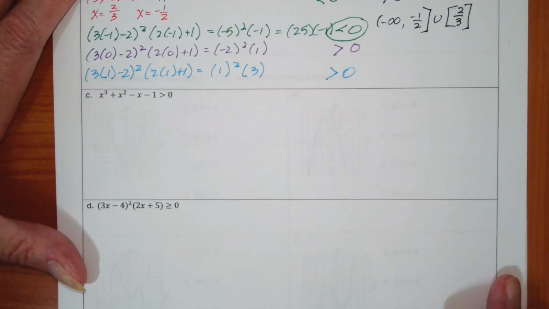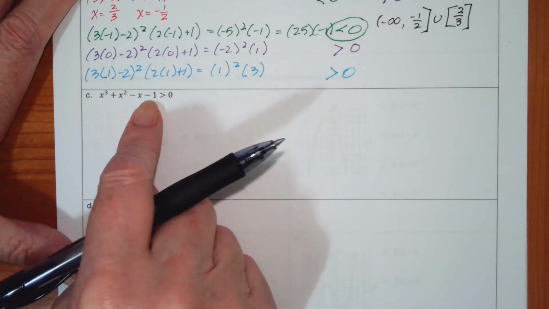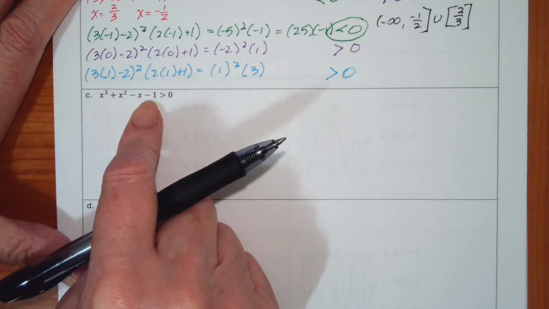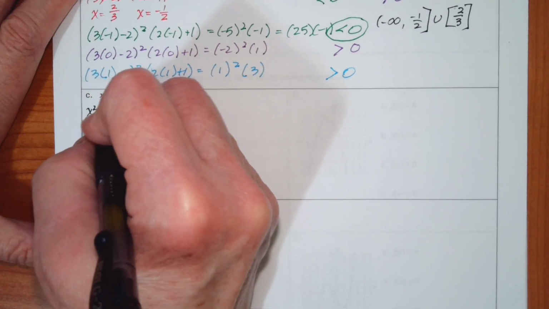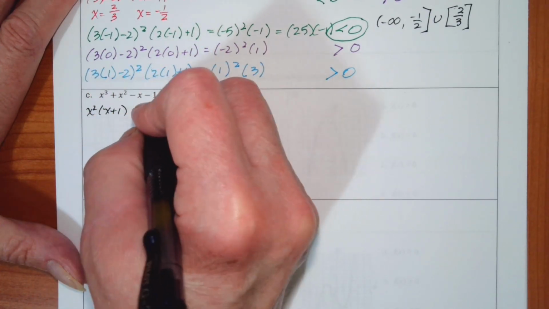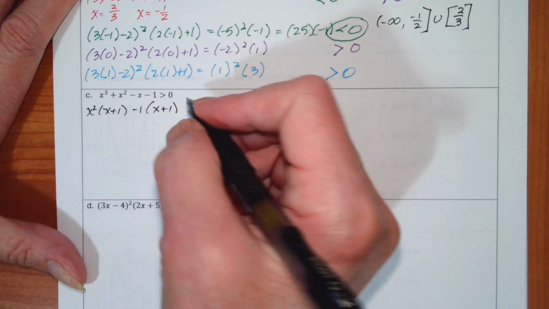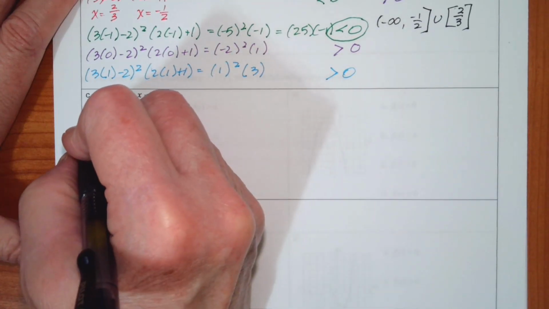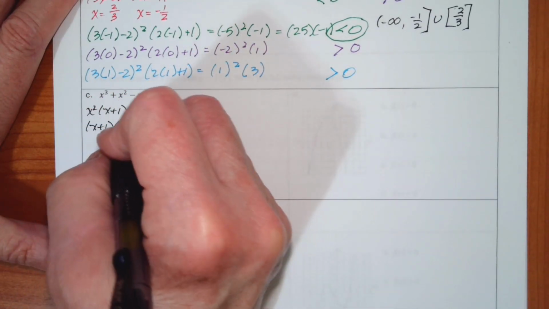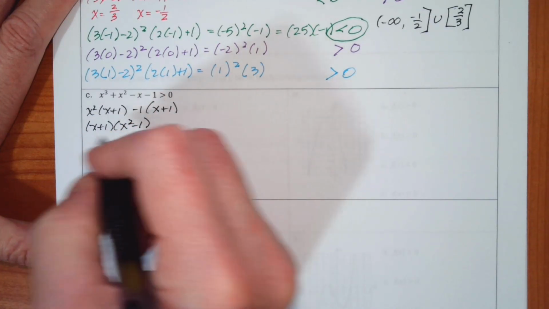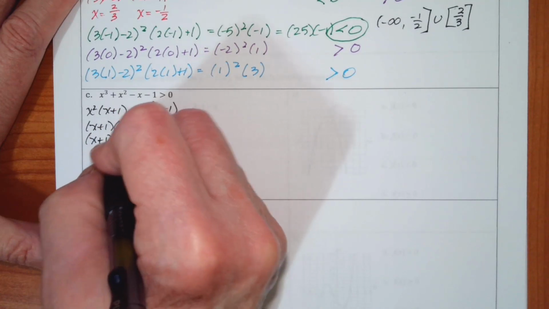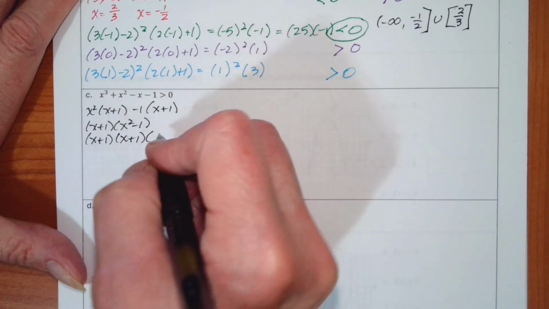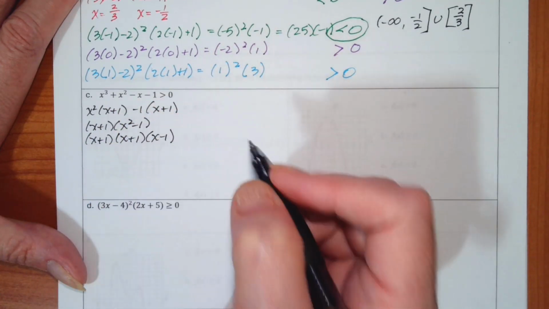Okay, for C. All right, I've got to factor this puppy. All right, so I'm just going to factor by grouping. So this becomes x squared times x plus 1 minus 1 times x plus 1, which gives me x plus 1 times x squared minus 1, which is x plus 1 times x plus 1 times x minus 1.